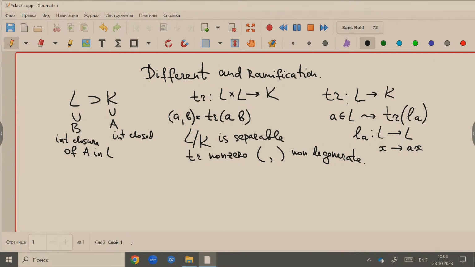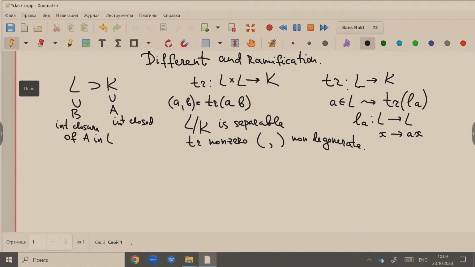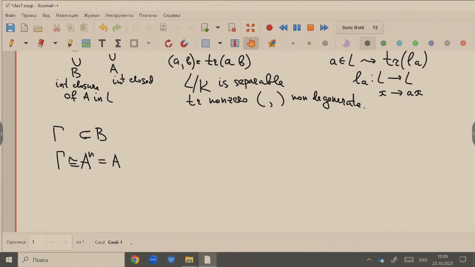So via this form, we have proved the following observation about B: we have put some subset inside, by choosing an appropriate basis, some gamma that was isomorphic to A^n. Here you have just chosen the basis of integer elements.